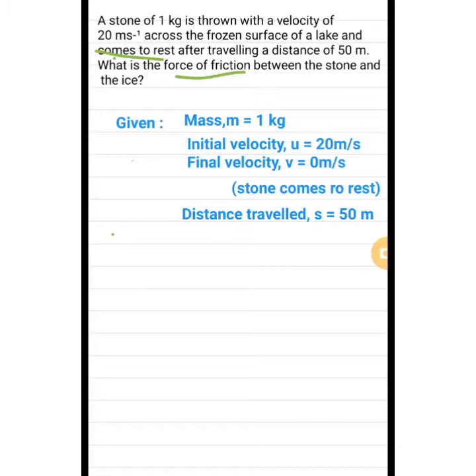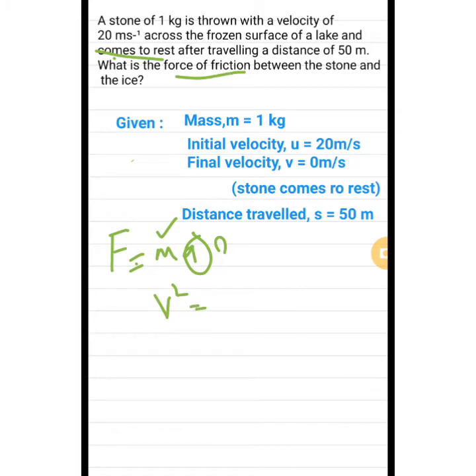Let's recall the second law of motion. According to second law of motion, F is equal to ma. Now we have the value of mass, but we don't know the value of acceleration. So in order to find the value of acceleration, we are going for our equations of motion. We have initial velocity, final velocity and distance travelled. So from that, we are going to choose the third equation of motion to find acceleration.